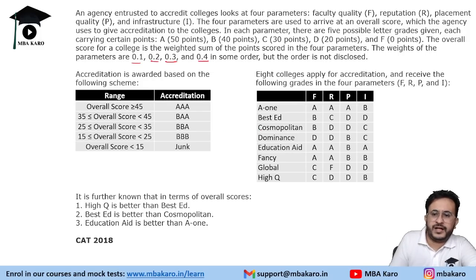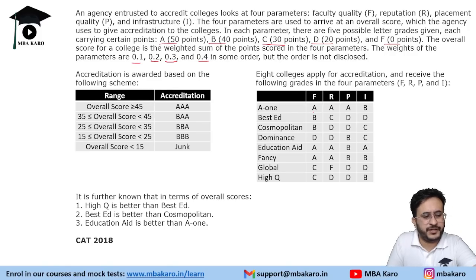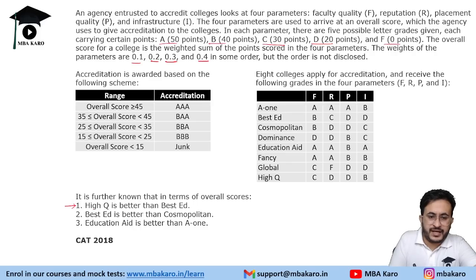And how one had to make this is for A, 50 points are given, for B 40, C 30 and D 20 points, and F means 0 points. Okay. So we are given that each institute got these ratings in 4 different parameters. Okay. Now, High Q is better than Best Ed. So this was better than Best Ed.